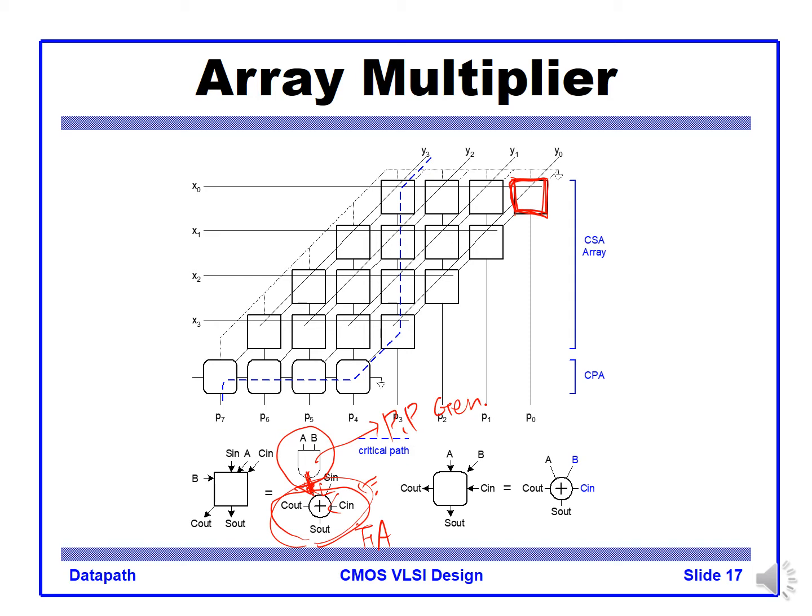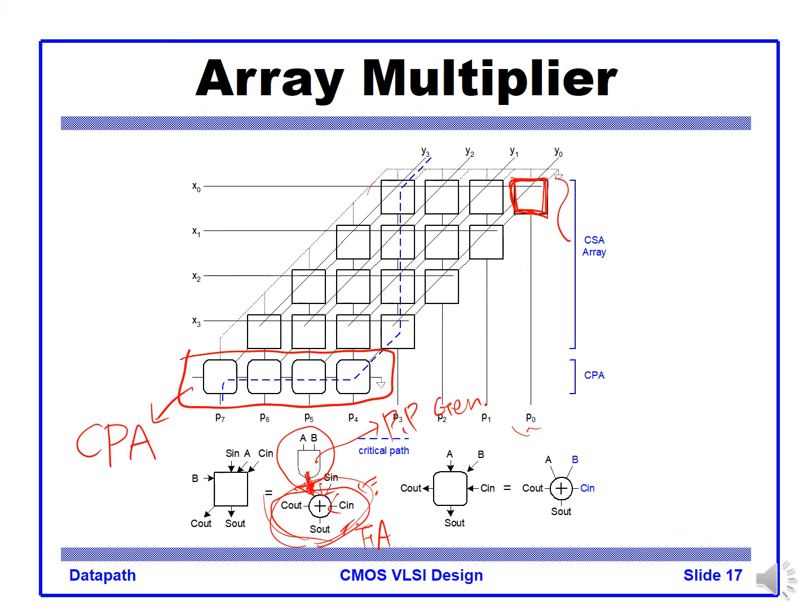By having this, we can generate the partial products and add them through this array structure. At the final stage, after the carry save adder, there is a carry propagation adder.